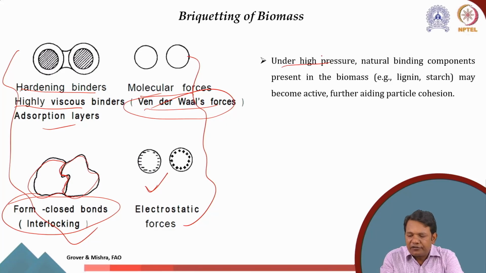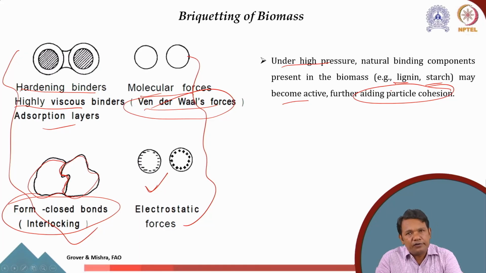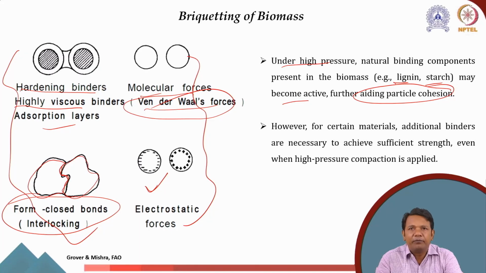Particularly under high pressure, the natural binding components present in the biomass, like lignin and starch, may become active, leading to improved particle cohesion and improved binding strength. However, there are some materials where even at higher pressure you will require additional binders to achieve sufficient strength.